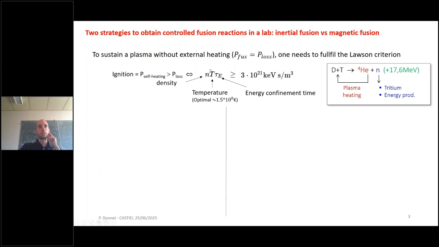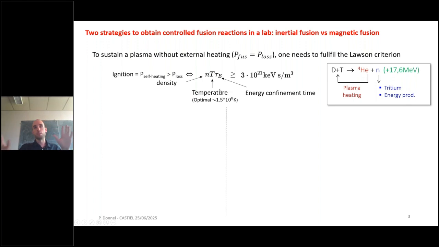So now let's come back to this criterion of the triple product. Actually, the optimal temperature depends on the fusion reaction you want to do. And we know already in advance that for this deuterium-tritium fusion reaction, the optimal temperature is of the order of 150 million degrees.